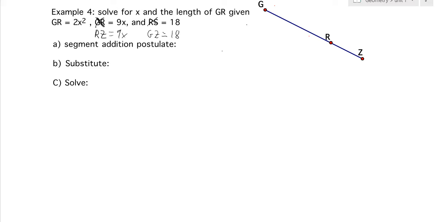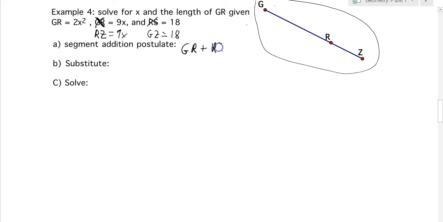We're going to use the segment addition postulate. We look at the picture over here. R is in between G and Z. So the sum of the two smaller pieces, GR plus RZ, equals the whole length, GZ.